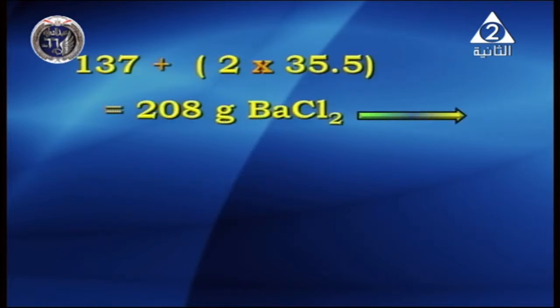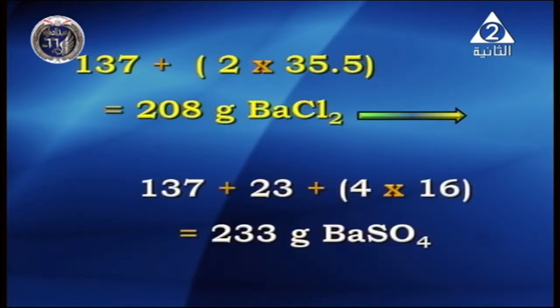The molar mass of barium chloride, 137 plus 2 times 35.5, equals 208 gram, and it gives 1 mole of barium sulfate, whose molar mass, 137 plus 23 plus 4 times 16, equals 233 gram.